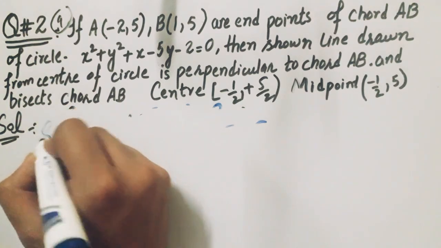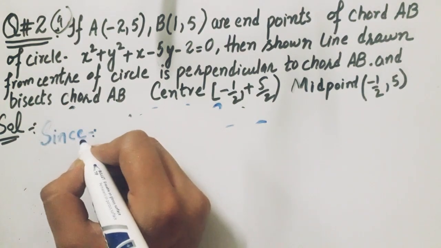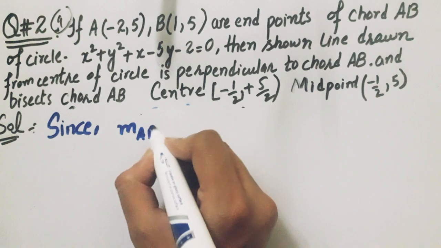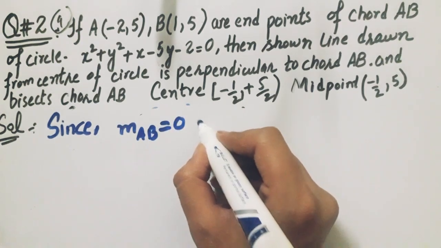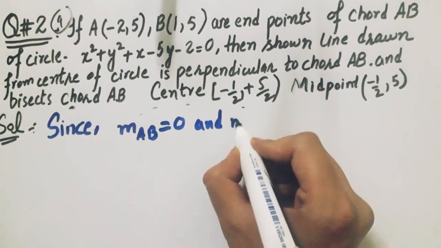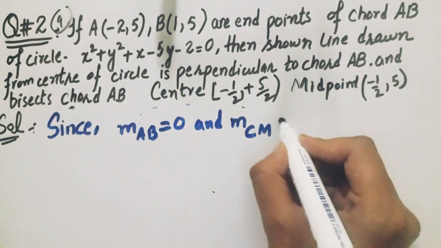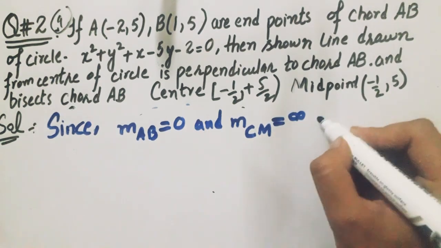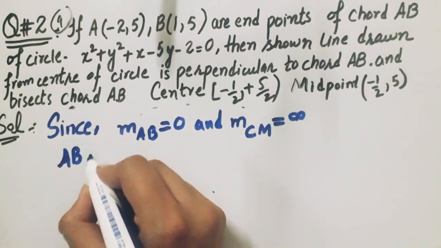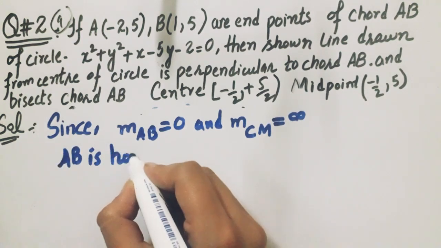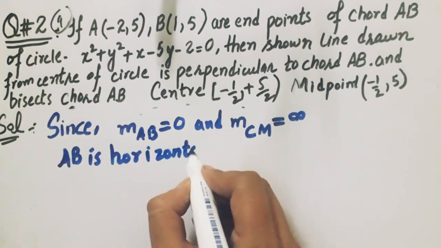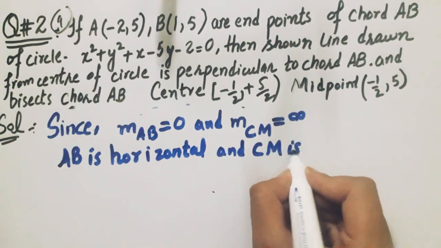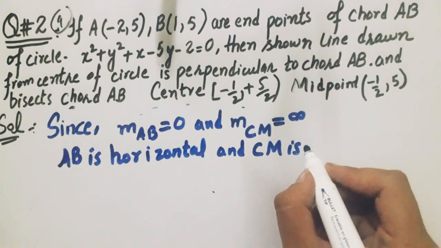Since the slope of AB is equal to 0 and slope of center and the midpoint is undefined, it means that AB is horizontal and CM is vertical.